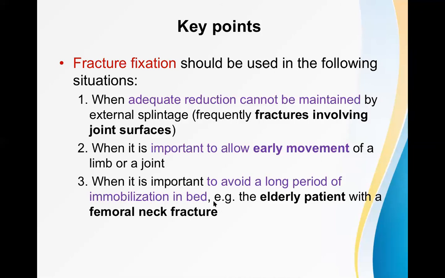After internal fixation, we can quickly mobilize the patient and all the problems associated with immobilization, importantly deep vein thrombosis and pulmonary embolism, can be decreased. A good example of this type of fracture is femoral neck fracture in elderly patients. Remember, this fracture will not heal in time because of the problem of osteoporosis in elderly people. So we have to go for internal fixation in this type of fracture.